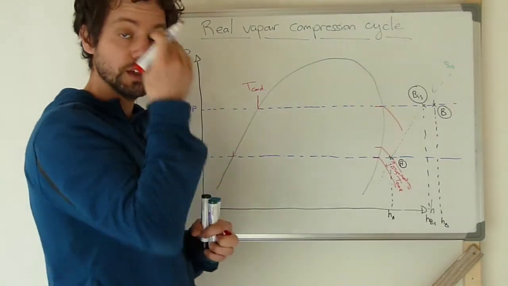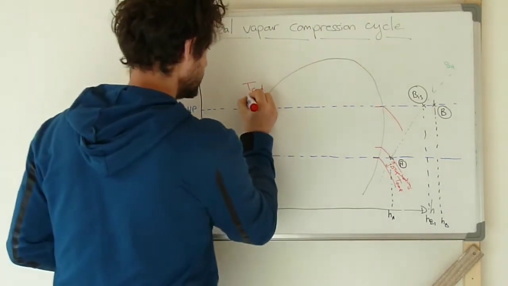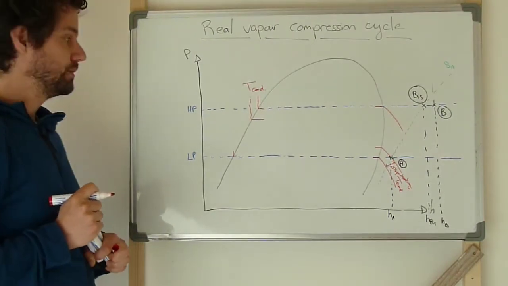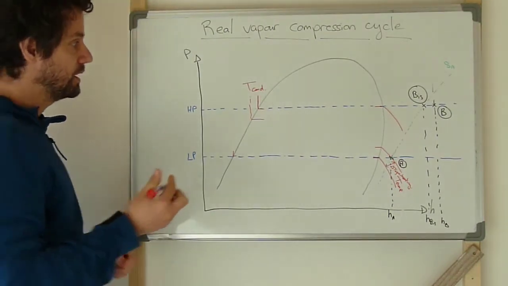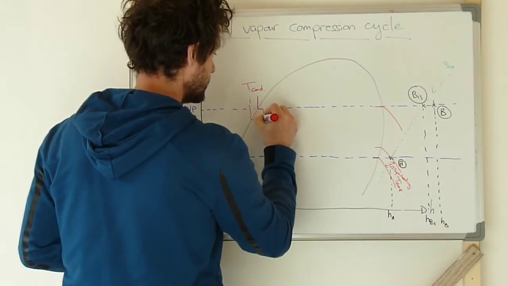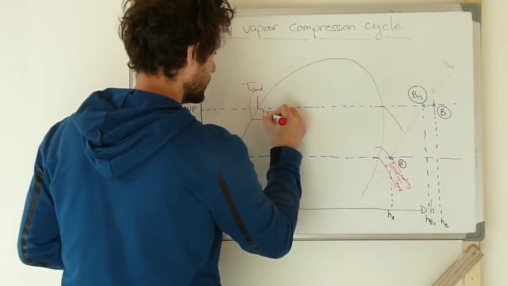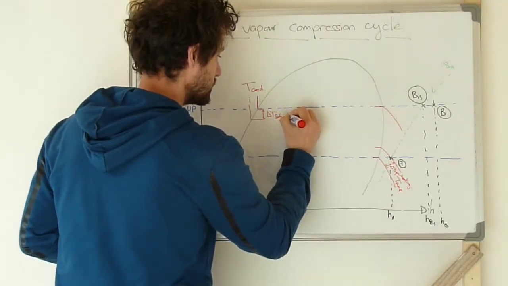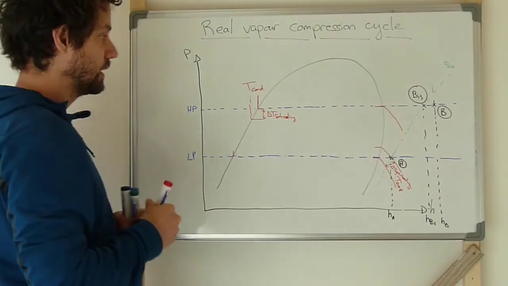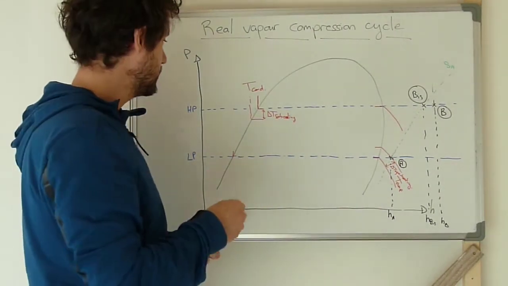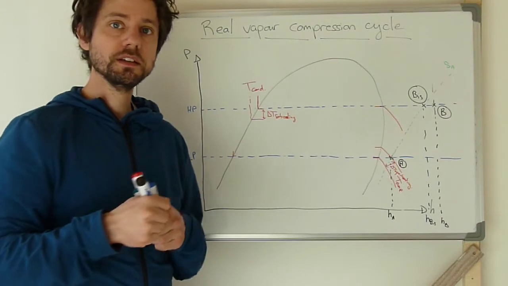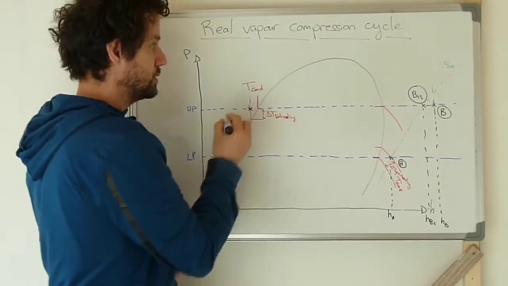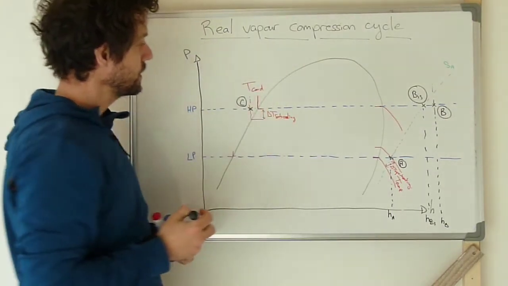So if you know this subcooling, for example 3 kelvins, you can look for the isotemperature line which corresponds to this delta T of subcooling. And the point which crosses this isotemperature line and the high pressure isobaric line corresponds to point C, the outlet of the condenser.